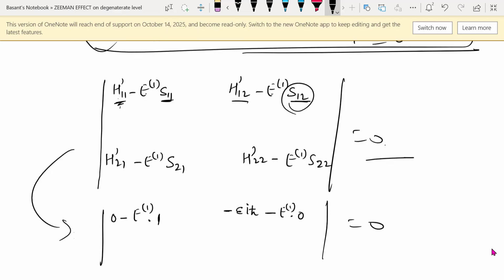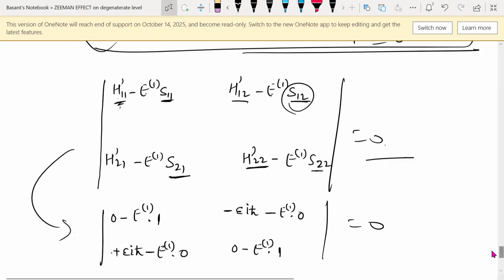So H21 is also plus epsilon i h-bar, difference in sign here, and minus E1 S21, and this is also orthogonal, so this becomes 0. And now H22 is equal to H11, that is 0, and minus 1 S22, that is normalized functions. For a normalized function, this is equal to 1.